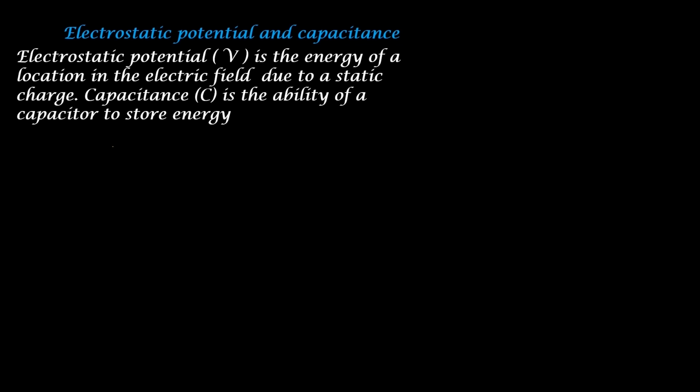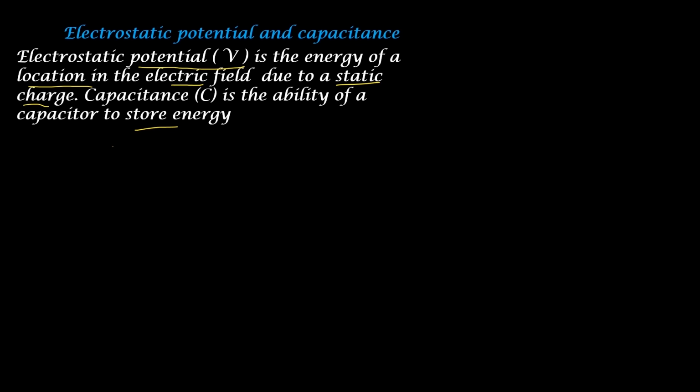Perhaps you already know that capacitors are gadgets used in certain electrical gadgets like fans, which increases the speed of the fan. It is specified that electrostatic potential is the energy of the location in an electric field due to static charge. Capacitors are instruments which store electrical energy.